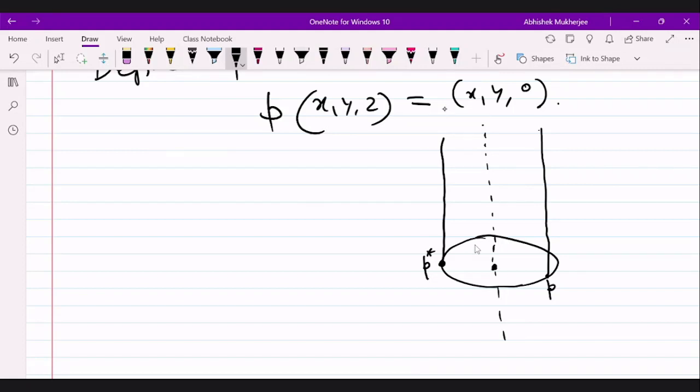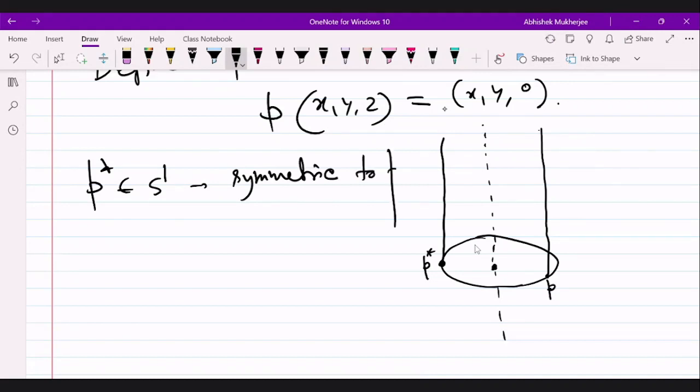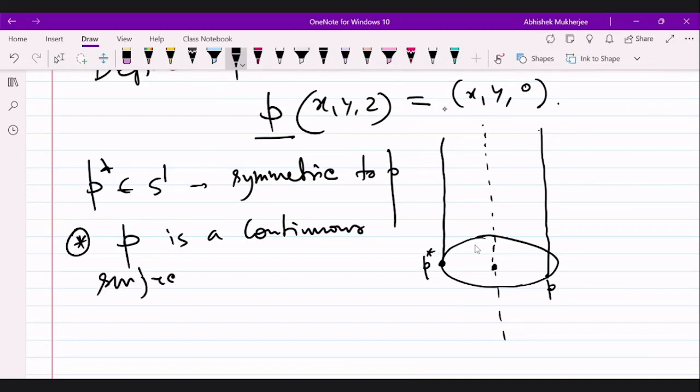So let us take that P star belonging to S1, that is symmetric to P. And obviously this map P is a continuous surjection, right? This is immediate. By definition, it is true.